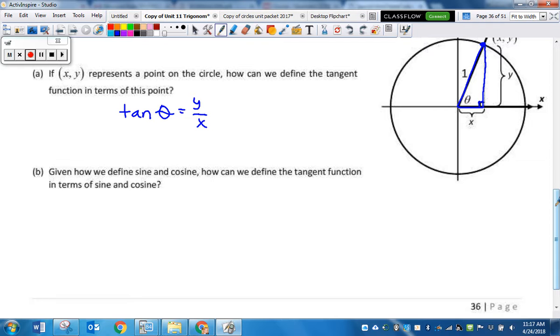Instead of saying tan theta equals y over x, we could also say tan theta equals, instead of y, sine theta divided by cosine theta. Okay, so tangent of any angle is always going to equal the sine of that angle divided by the cosine of that angle. Or opposite over adjacent, y over x. Is that just on the unit circle or in general? That is actually true no matter what. Okay? Good? Alright, so let's use it.